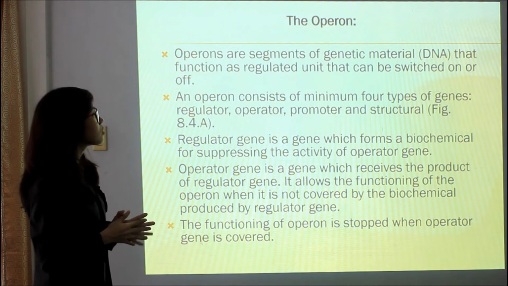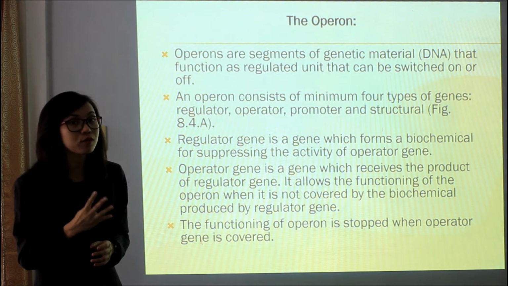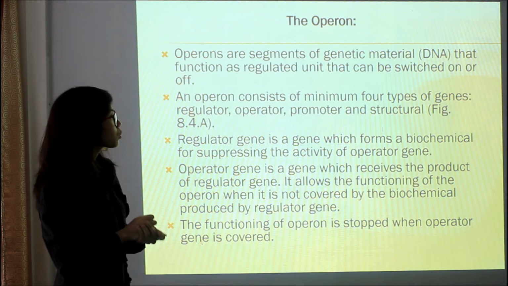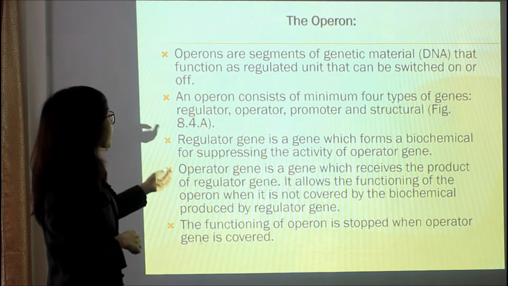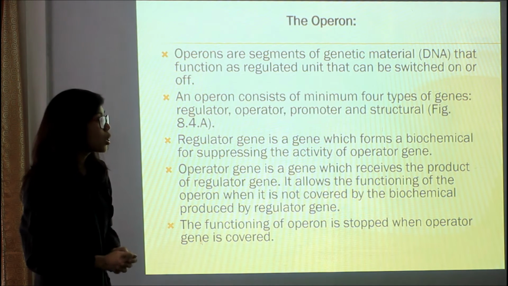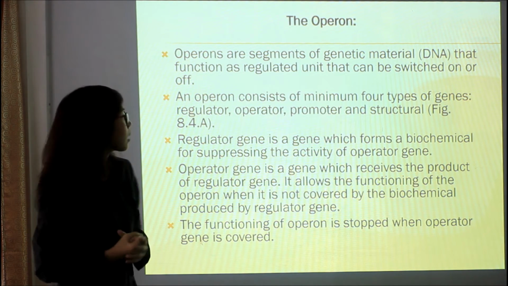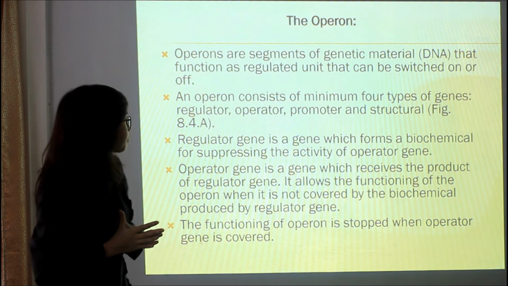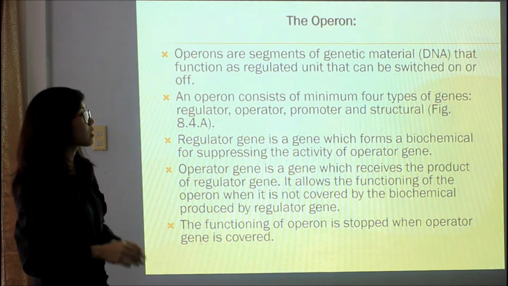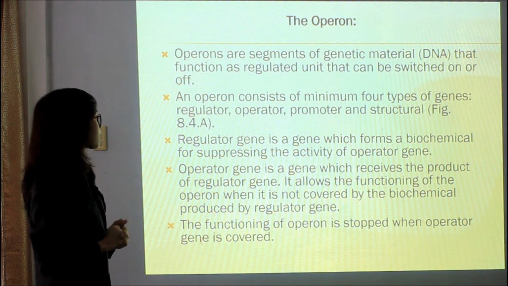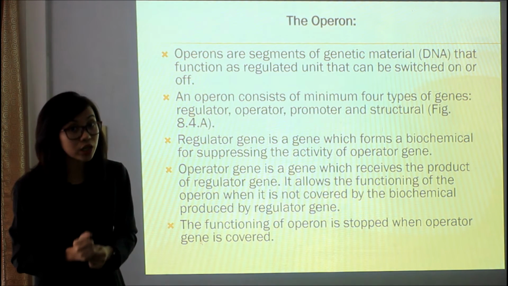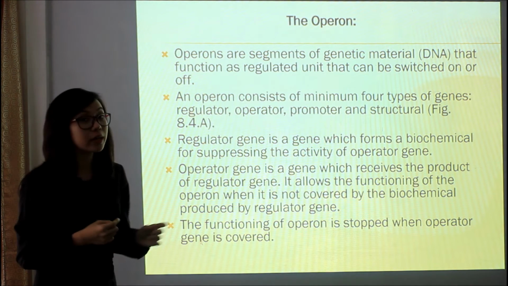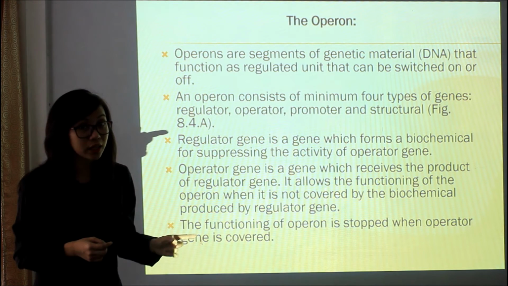An operon consists of a minimum of 4 types of genes: the regulator, the operator, the promoter, and the structural. The regulator gene forms a biochemical for suppressing the activity of the operator gene. The operator gene is the receiver of the product of the regulator gene.